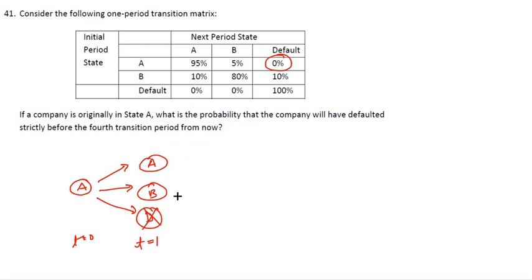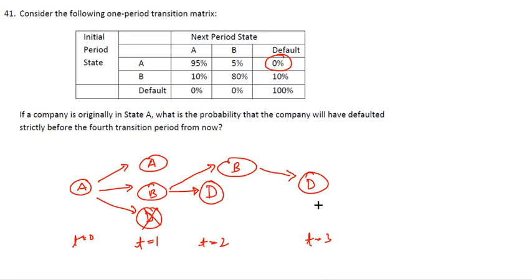Now at t equal to 2, the company can move from B to D. That is the first time that a company is experiencing default. Or the company can move from B to B only. Then at t equal to 3, the company can move from B to default. So this is what we want: till t equal to 3, what are the chances the company can be in default? So we have taken B to B and then D.